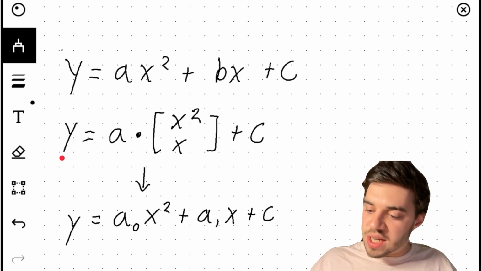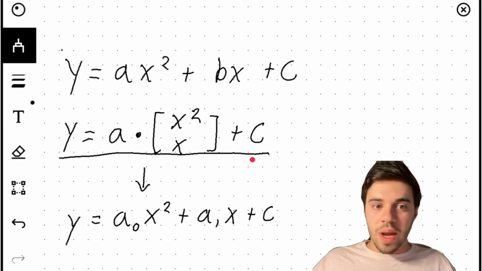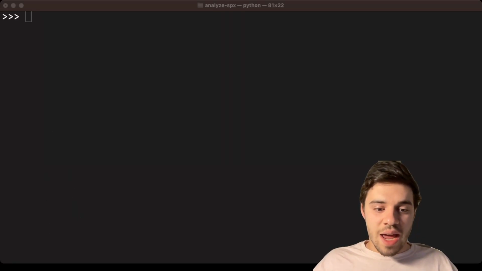But the advantage is that if we use this form, we can compute all of our coefficients at the same time, and we can use the NumPy dot operator to handle all of this multiplication at once. So now that we have an understanding of what we're going to do, let's jump into the implementation.